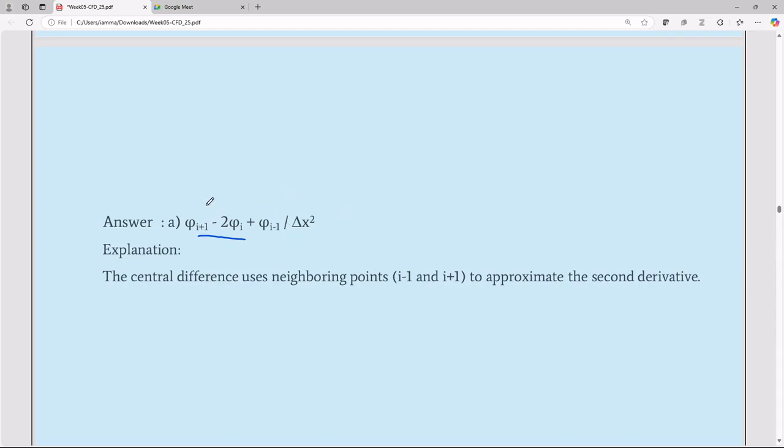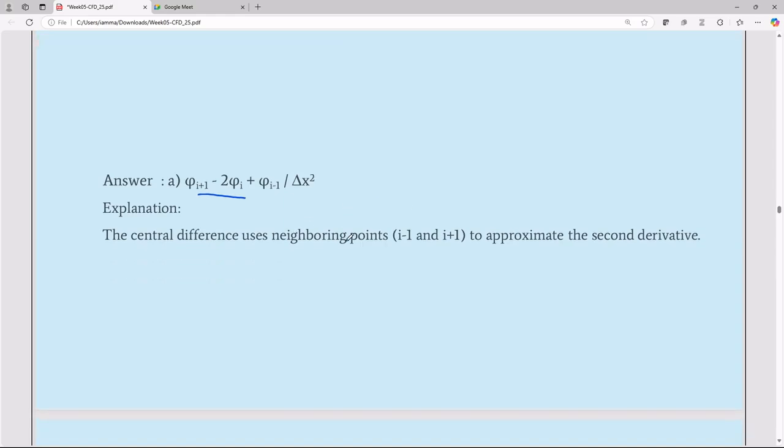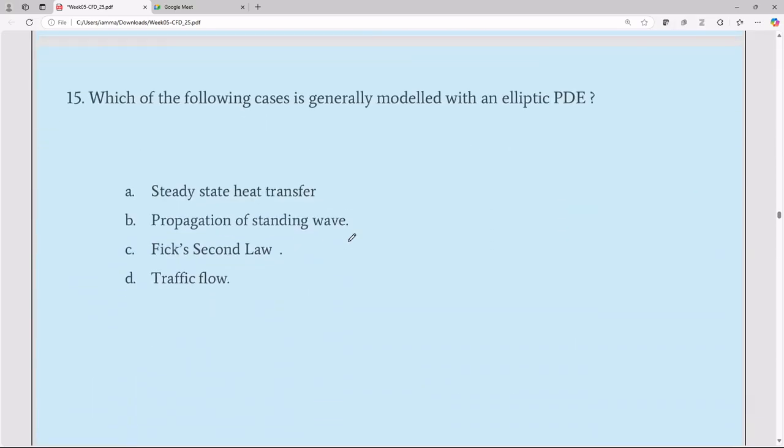When clubbing the forward difference and backward difference, the central term will be minus 2 times phi at I. So this is the equation for the central differencing scheme for the second derivative at I. Next question.